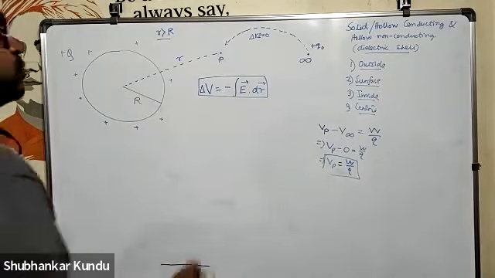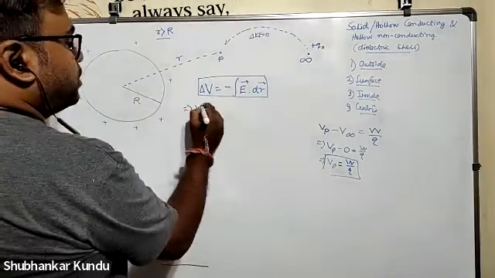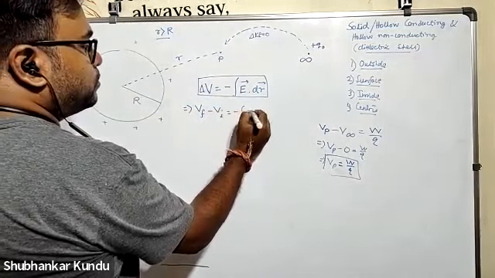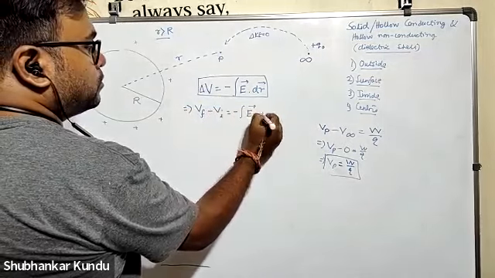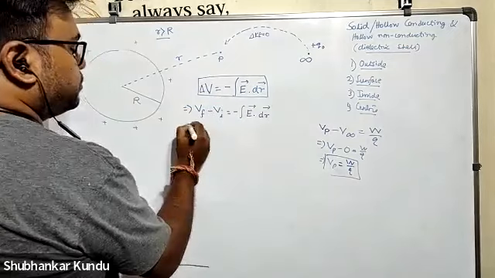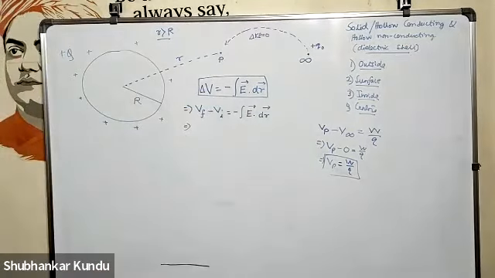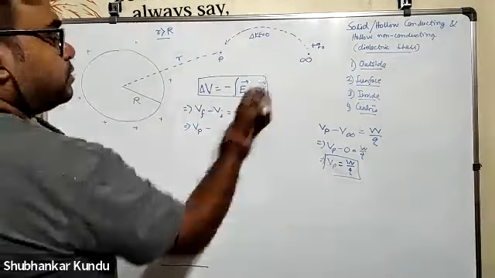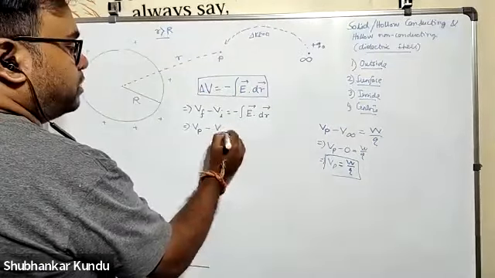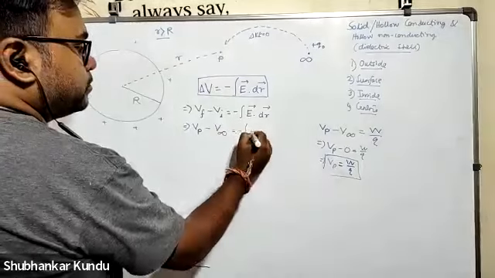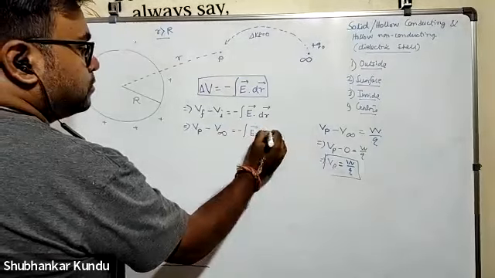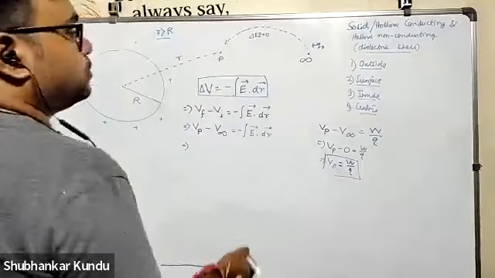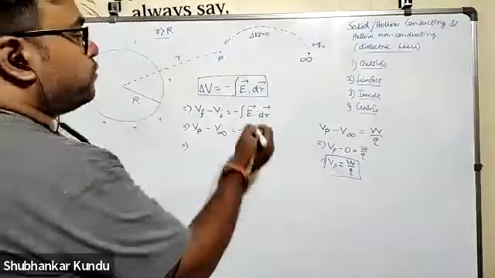Potential difference is final point potential minus initial point potential. What is the final point? We are talking about P. What is the initial point? We'll begin our journey from infinity. Which E are we talking about?